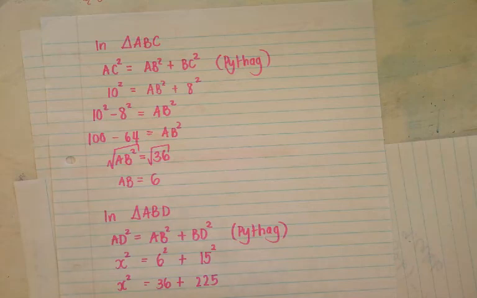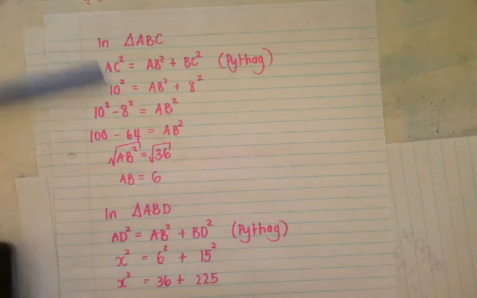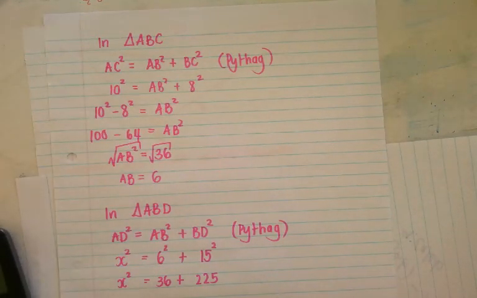Like I said, you will get a funky answer. So 36 plus 225.